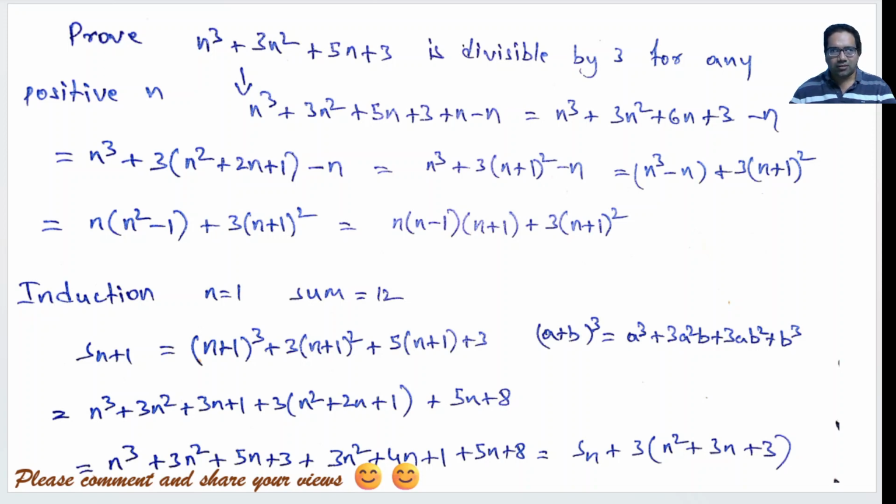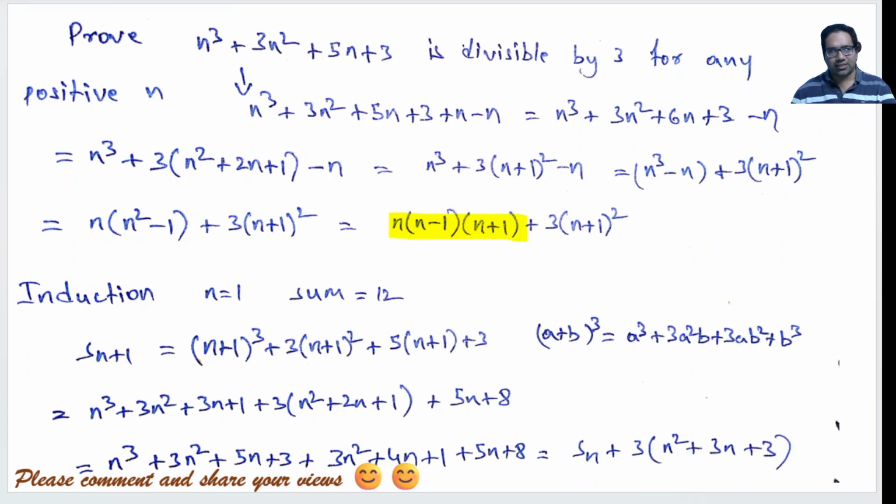We have to look into this. Earlier also we proved n cube minus n is always divisible by 3 because n cube minus n we can take n common, n times n squared minus 1, which is n times n minus 1 into n plus 1. We can write n square minus 1 as n minus 1 times n plus 1. So n minus 1, n, n plus 1.